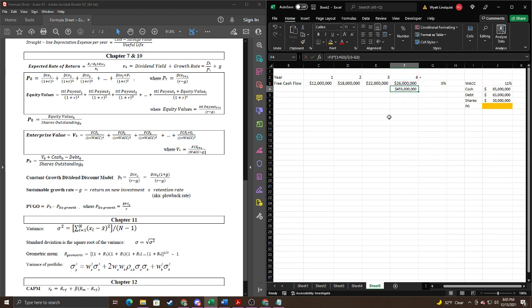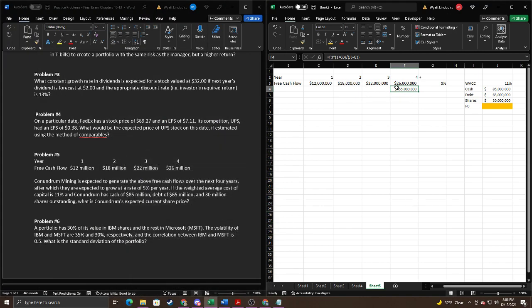That's going to give us a growth value, in this case V4, of $455 million, which is our growing value here at the end.